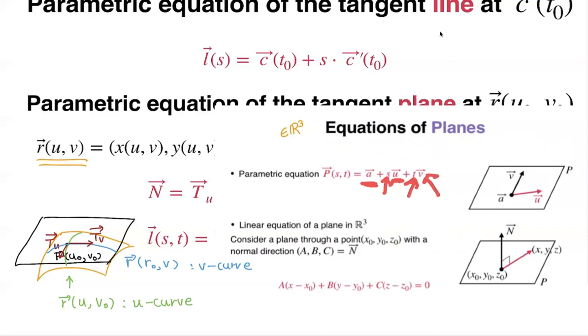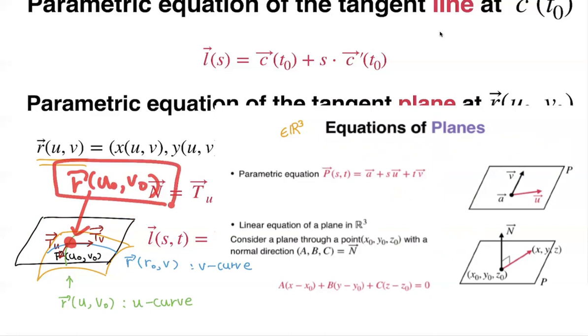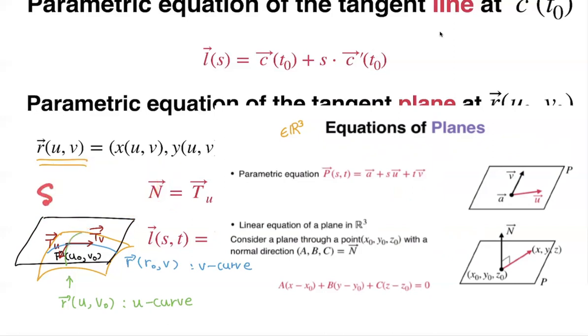So our parametric equation of the tangent plane would be given by one point here. This point was given by r of u0 comma v0. So this point plus, if we say there are two variables s and t, then s times this tu plus t times tv. Then it will be the parametric equation of the tangent plane.